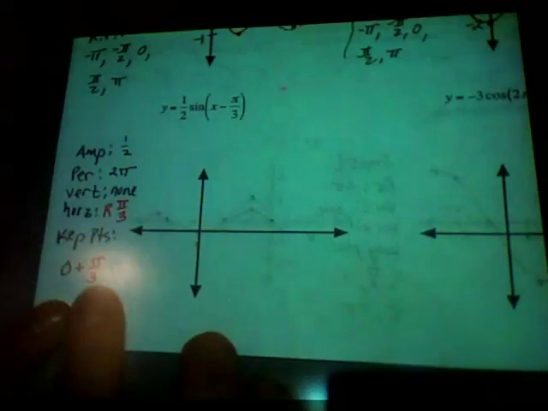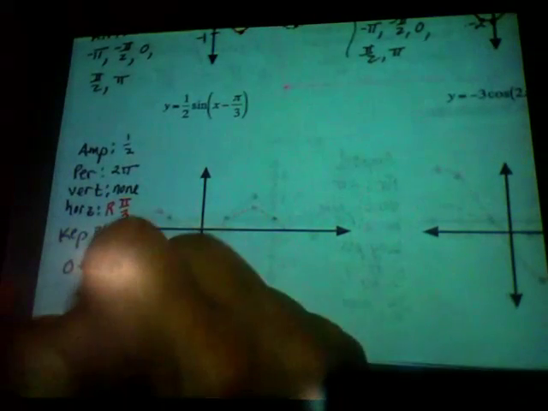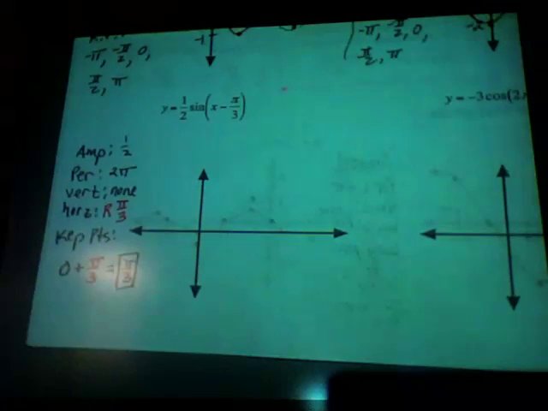Or I could take my first starting point here, which I now know it starts at pi over 3, right? So this is my first starting point. And then from there, I could add just pi over 2, because it should go every pi over 2, because I have a period of 2 pi, right?